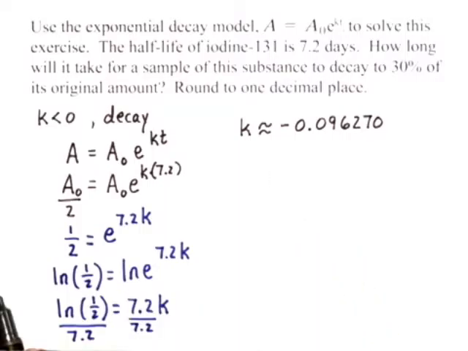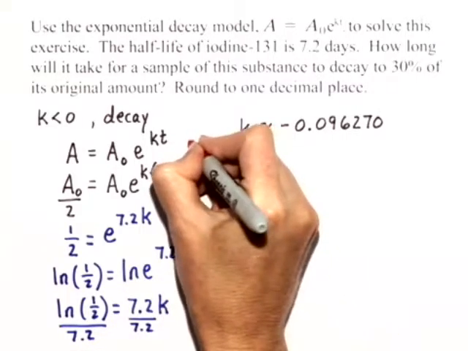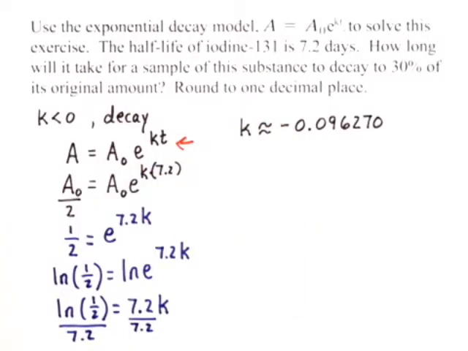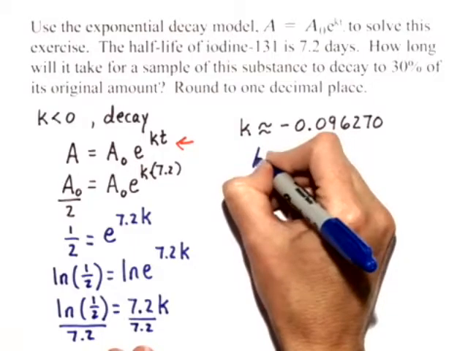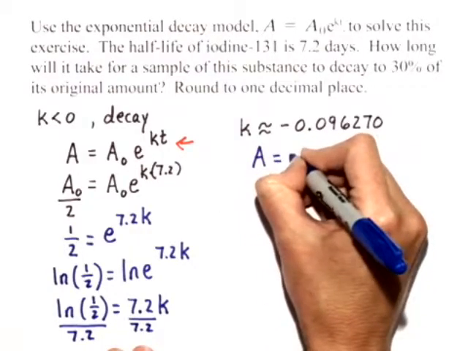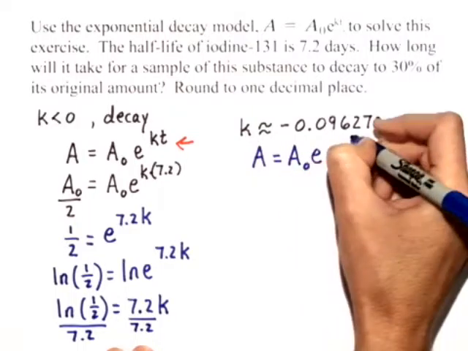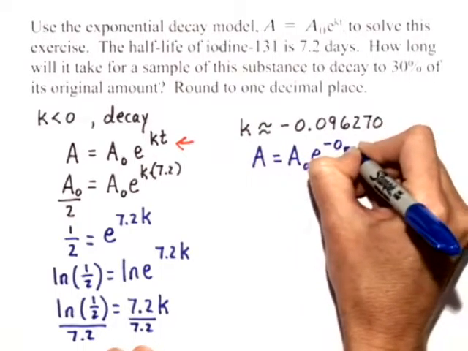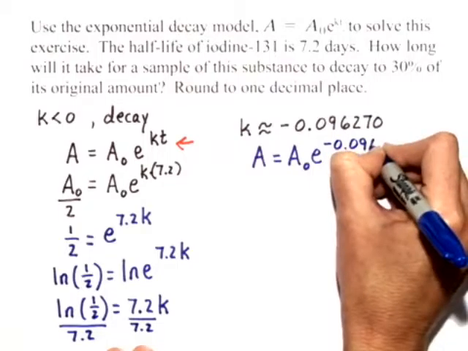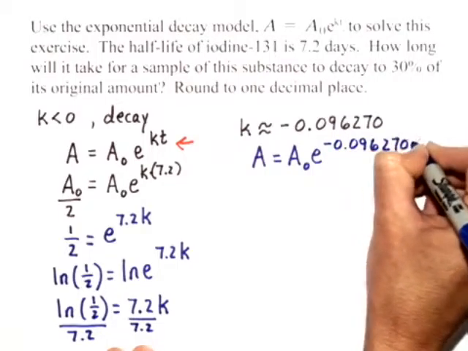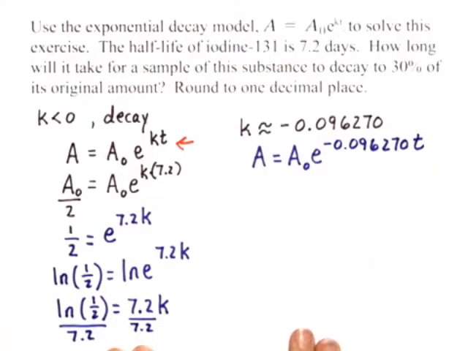So let's now take our constant k and substitute it back into our original equation to help us answer the question. So now we really have a model that says A equals A sub 0, our initial amount, times e to the negative 0.096270t.